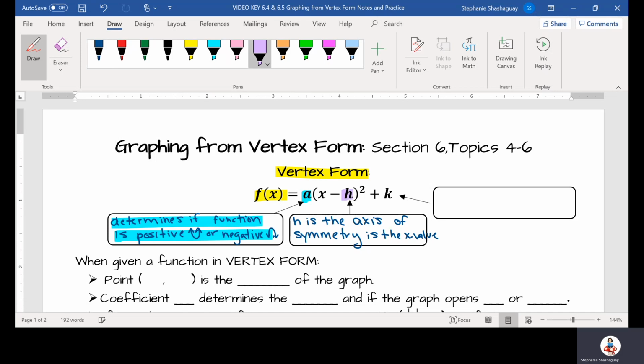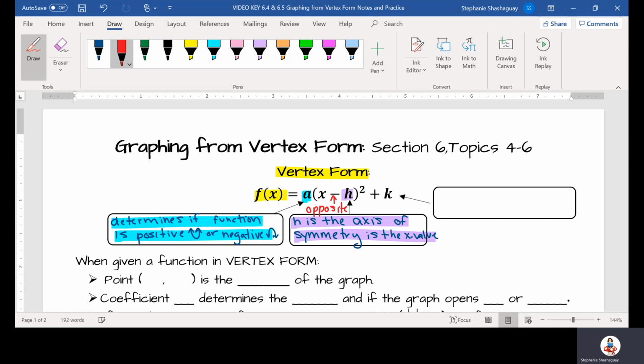So remember, our h here is our axis of symmetry, which is the x value. And I want you to pay close attention here because I highlighted just the h. It is not the negative. This negative is meaning it's the opposite.